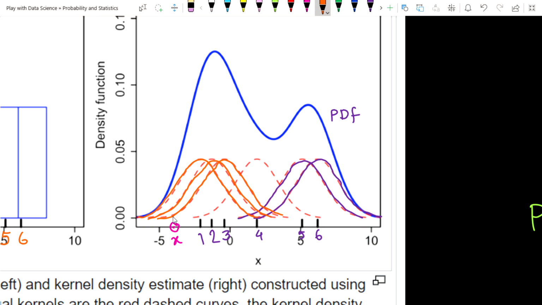First we sum up the values at this point x. On each curve we have some value at x.